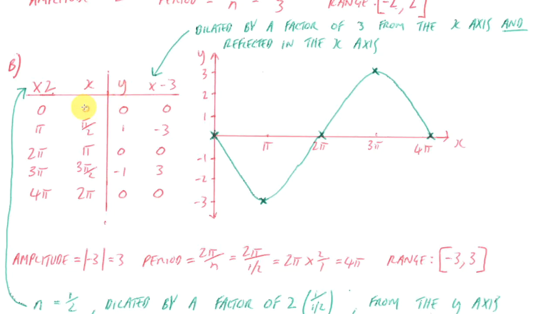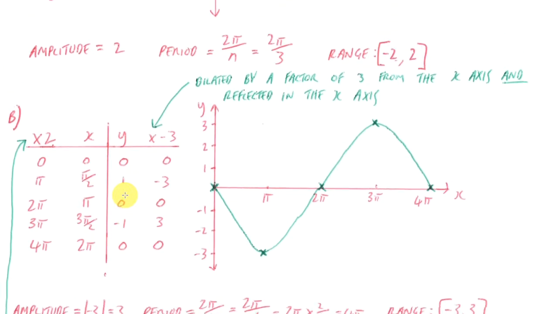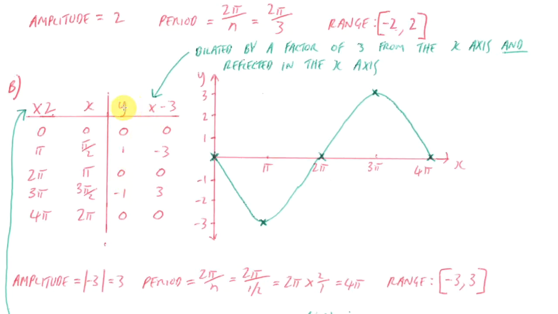And again, the critical values for sine: (0, 0), (pi/2, 1), (pi, 0), (3pi/2, -1), (2pi, 0). We have an amplitude, in this case, of 3, but the value in front of the function overall is negative 3. So I need to take every y value and multiply it by negative 3. And there's the results.